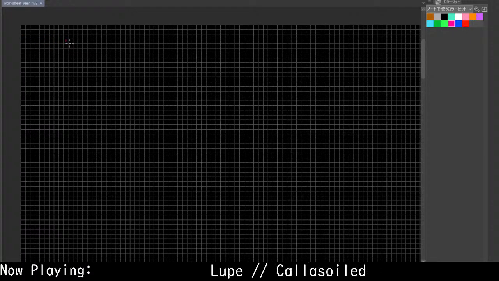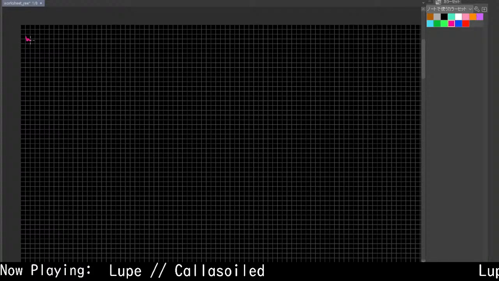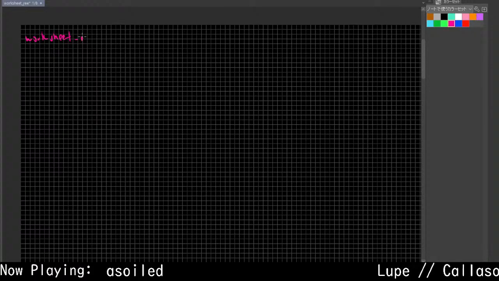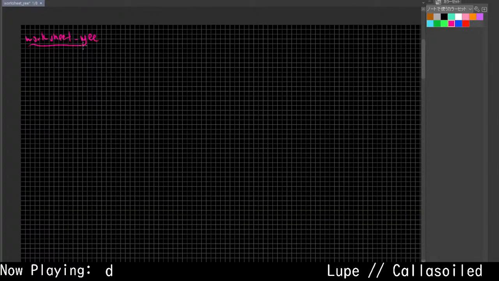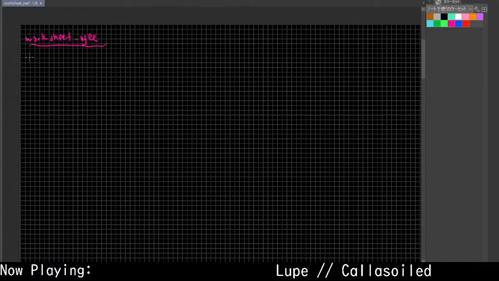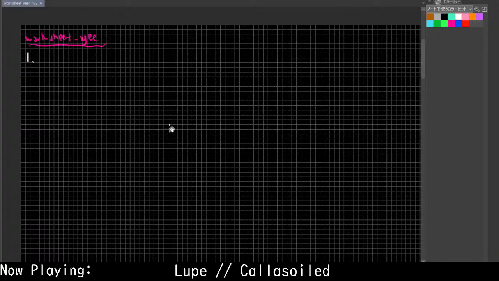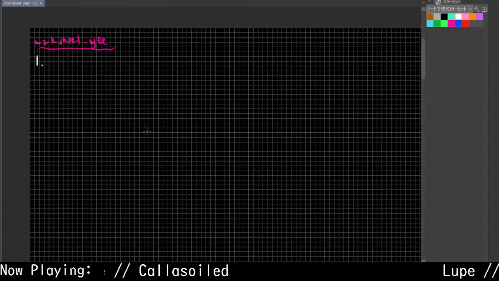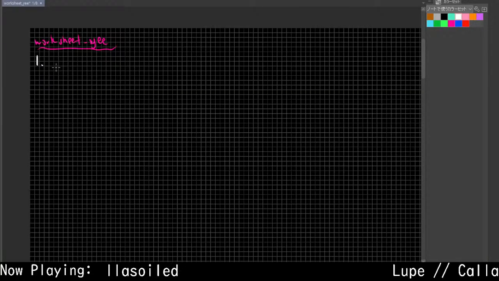Now I think about it, I can't see the grid properly anymore. That should be fine. Okay, first one: evaluate the expression below.